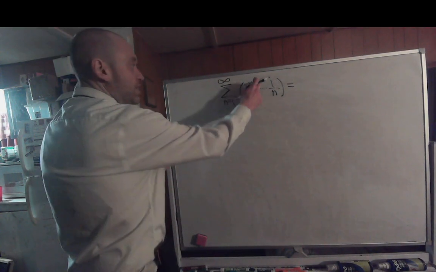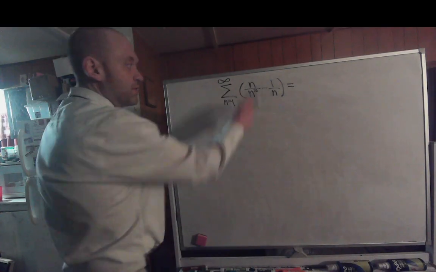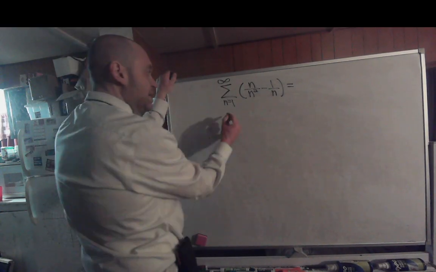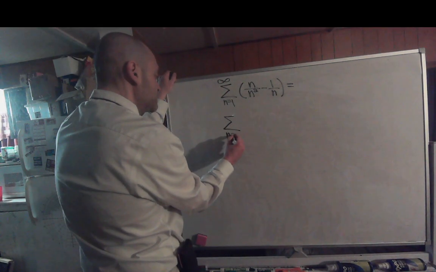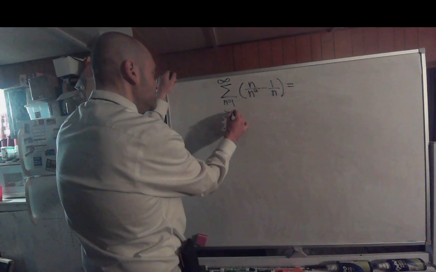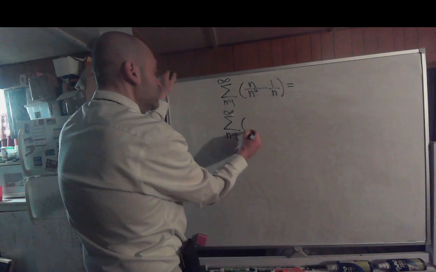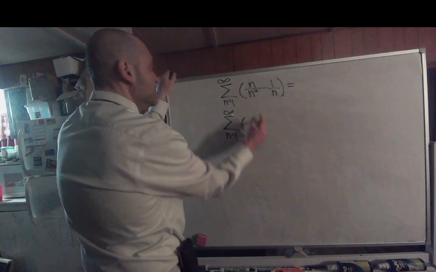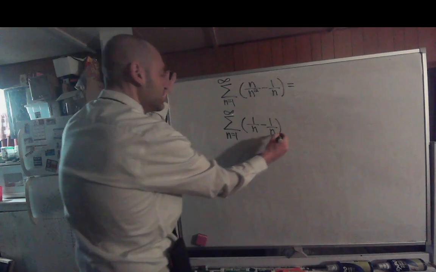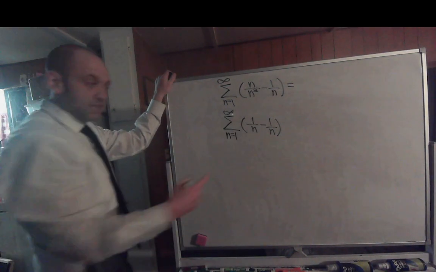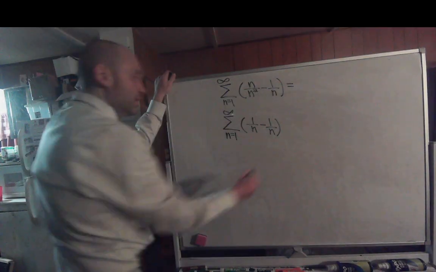What about that n over n squared? In the first term, can't we factor out a common n between numerator and denominator? This would become the sum from n equals 1 to infinity of 1 over n if you simplify the first expression, minus 1 over n, right? Well, what is 1 over n minus 1 over n?